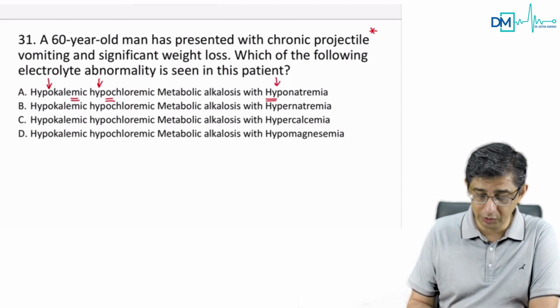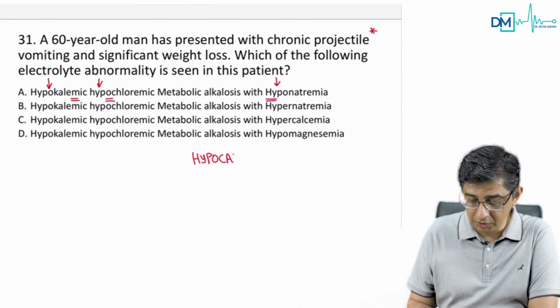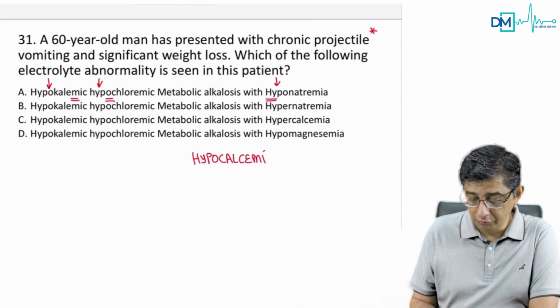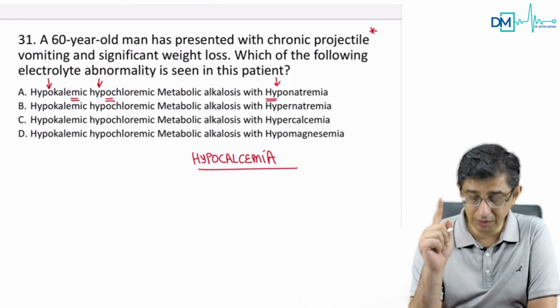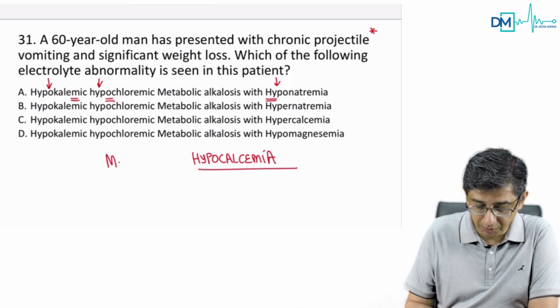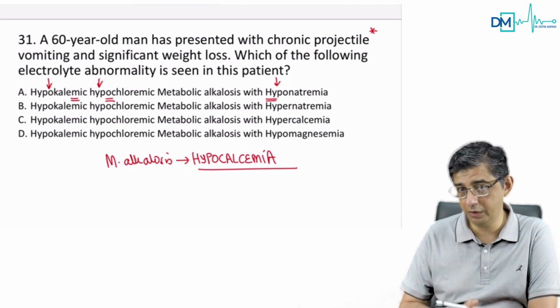And there's a fourth hypo also, which a lot of you did mention, some of you did not, so I did not include it. But if you go through the section in the app, I have explained that metabolic alkalosis is associated with hypocalcemia. How that happens is beyond the scope of this video; you need to go to the main video for that.